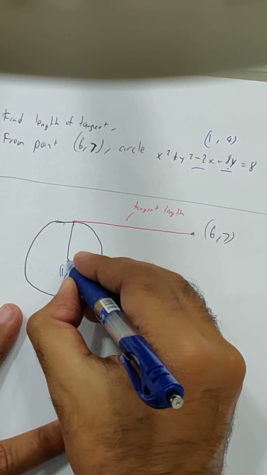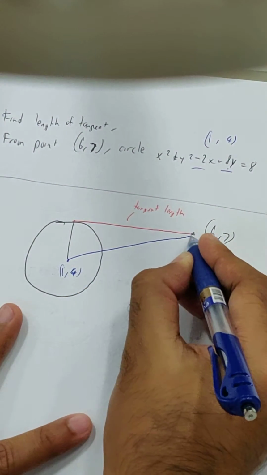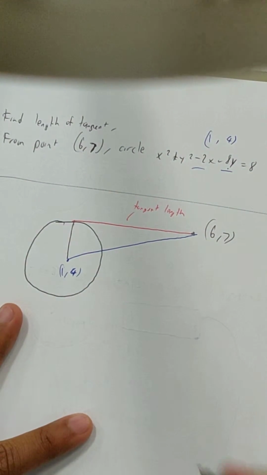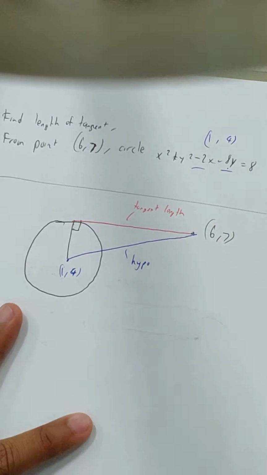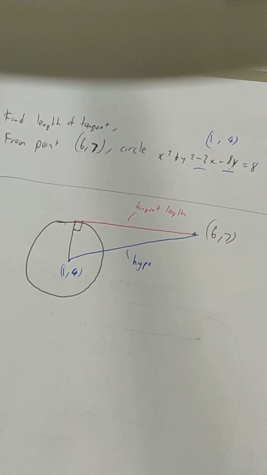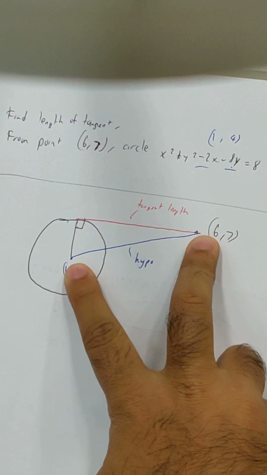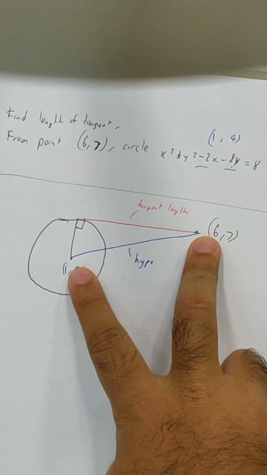And this is our hypotenuse. Okay, remember the 90 degrees. When I mentioned just now the distance between 2 points, let's say these two distance is Pythagoras.